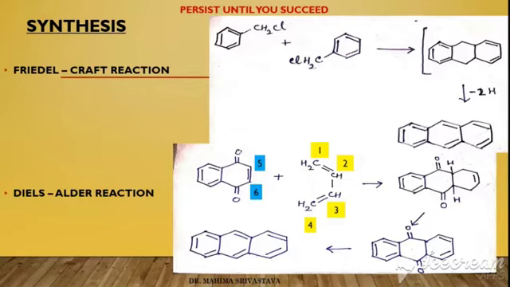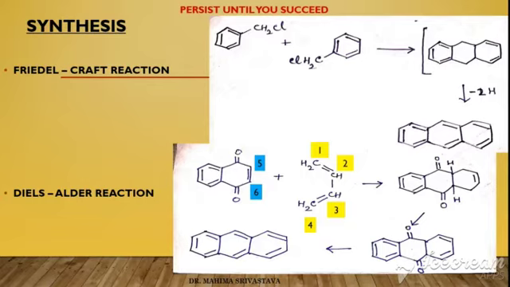So the electrons from the dienophile attack the carbon C1 on the diene and this results in a single bond formation between C1 and C5.